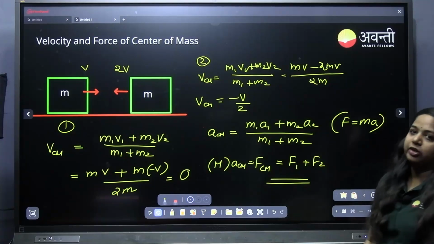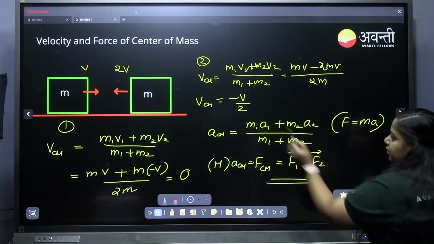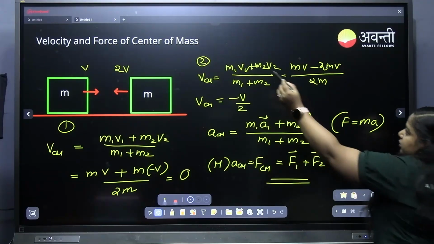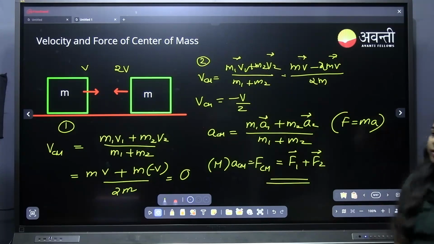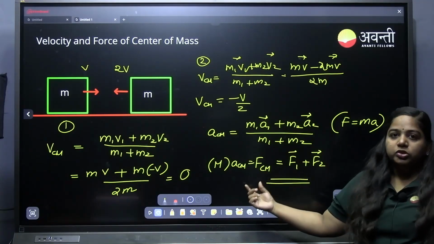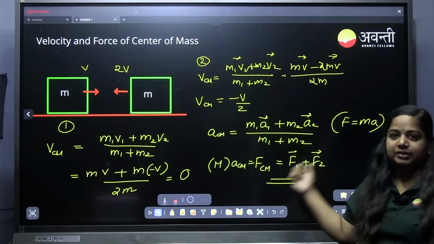This is the force on center of mass. All are vectors, don't get confused. So force on center of mass will be the vector sum of the forces on the individual components.